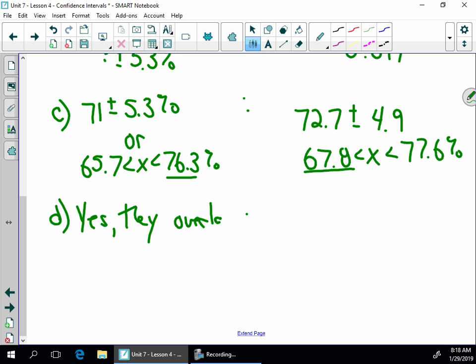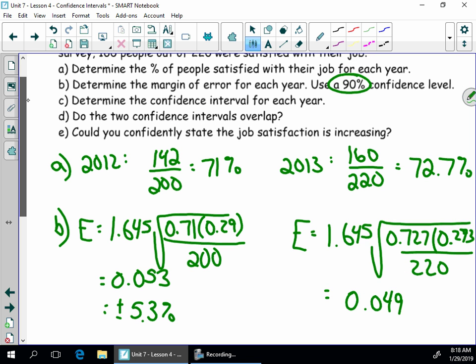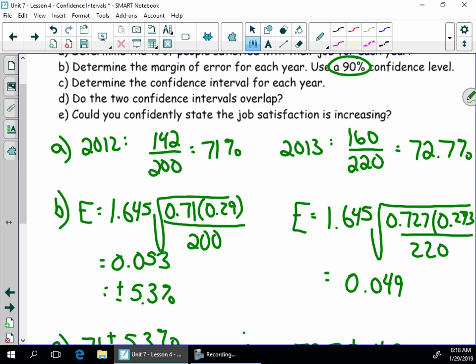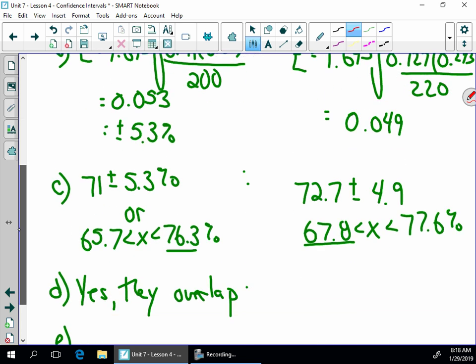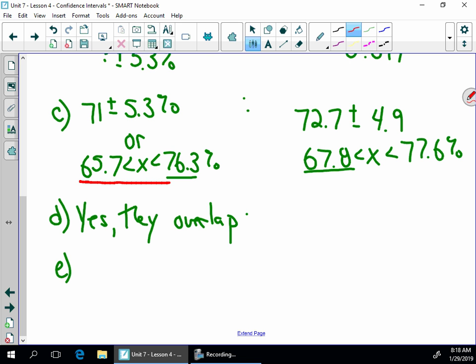Why would I ask that? Well, let's take a look at part E. Part E is, could you confidently state the job satisfaction is increasing? When we started, we said it was 71%, and then it went up to 72.7%. But that was only based on the sample of people we talked to. The actual results we can be 90% confident in is they lie between these two numbers.